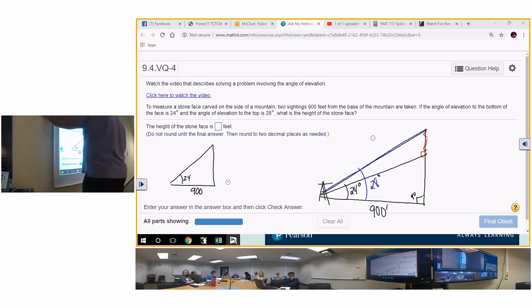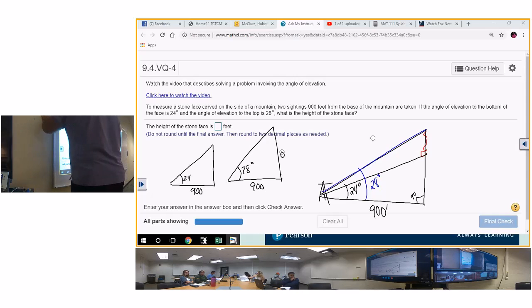Then you've got this angle, which is 28 degrees and 900. But we need to focus on this side right here, which is the opposite. And we have the adjacent right here.